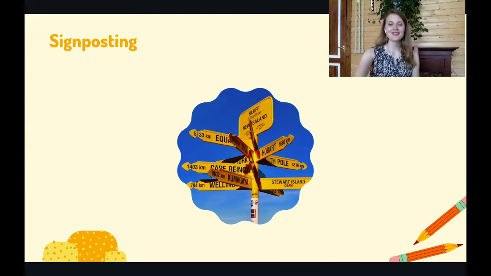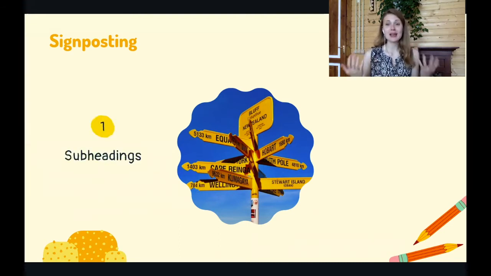First is subheadings. I told you before that when you develop points in each section, you start writing each passage with a subheading. You give it a name so that I could find myself there when I read a report, if I'm one of your target audience. So it's essential, it's key, and it's a feature of a report.